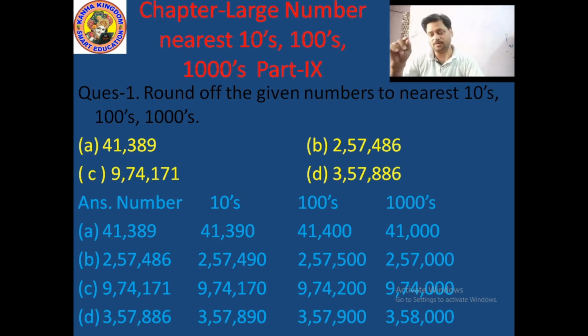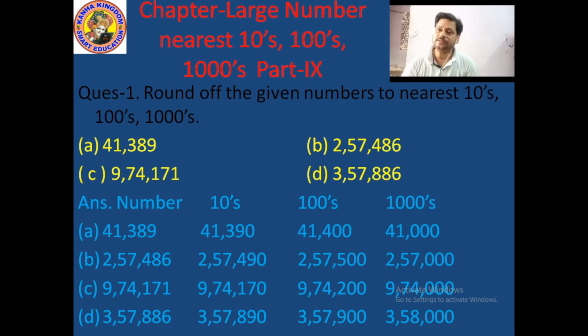So the 100 place, tens place and ones place are converted into 0, means 000, and in the 1000 place, because 3 is less than 5, nothing changes, same number, means in the 1000 place 1 remains 1, and 4 also remains 4. So the correct answer of this part in nearest 1000 is 41,000.